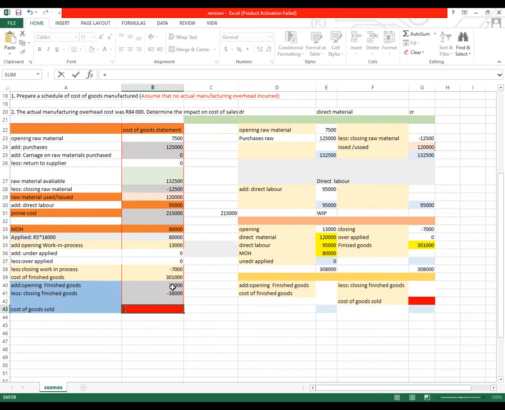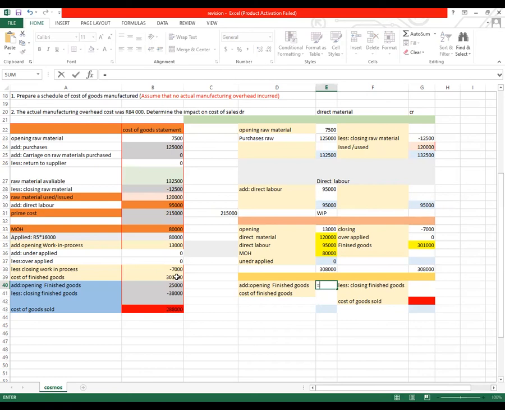We're going to take the cost of finished goods plus opening finished goods minus closing finished goods. Correct, guys, correct. 100%, guys.